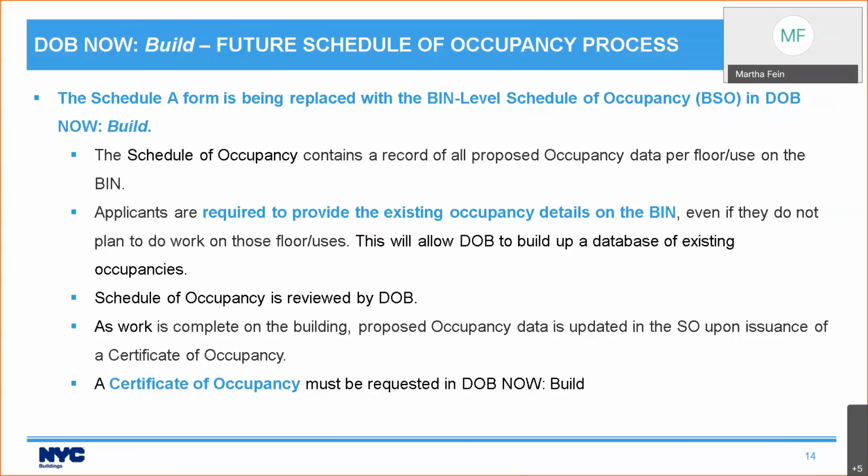But the point of this is so that when you do a later job for a bin where you're requesting occupancy, the goal is that you will be able to do it much quicker because all you have to do is fill in what's changing. Because DOB NOW will already have the record for what exists.